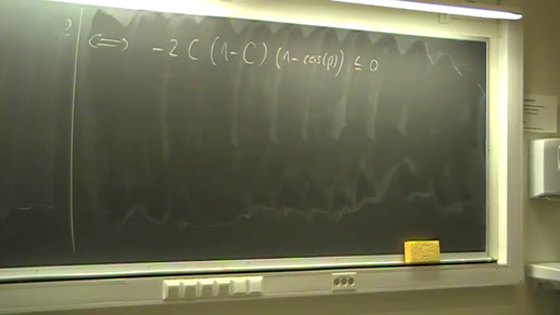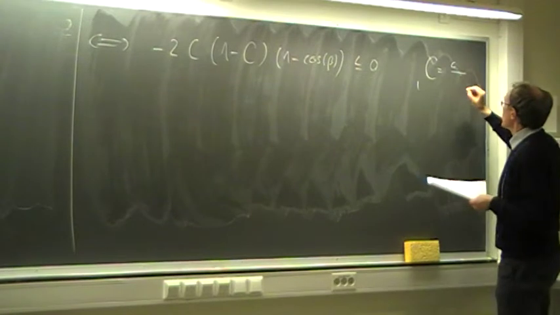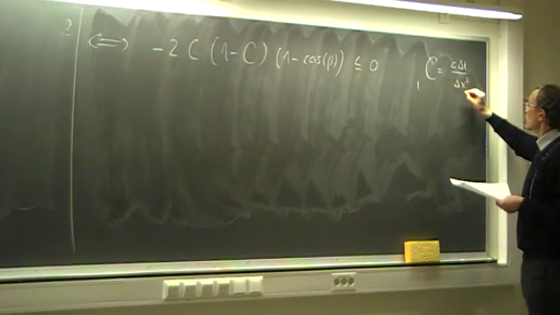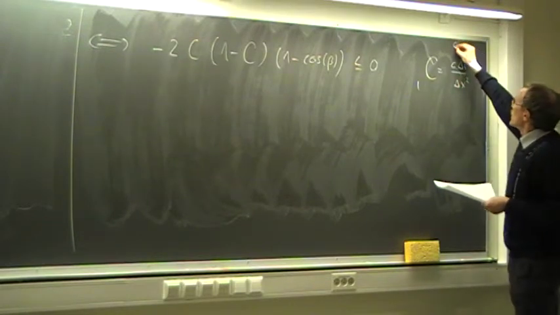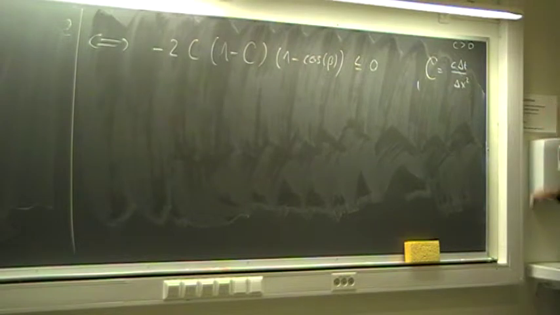And then we remember that c is the Courant number, the advection velocity times delta t divided by delta x squared. And we had done that for c greater than 0. So that means we are talking here about positive c.